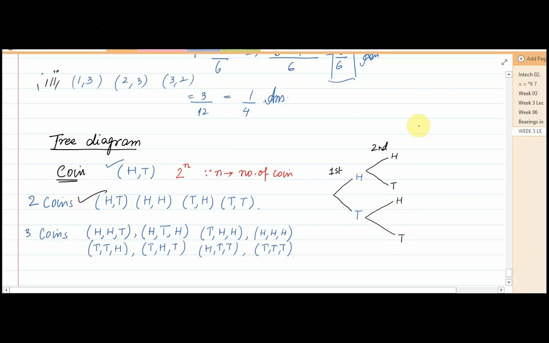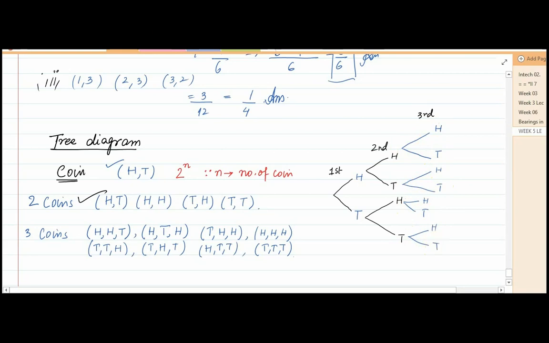After the third coin, it is quite possible that after the second head you will get either head or tail. Similarly, if you got tail, then you will get head, tail, head, tail, head, and tail.